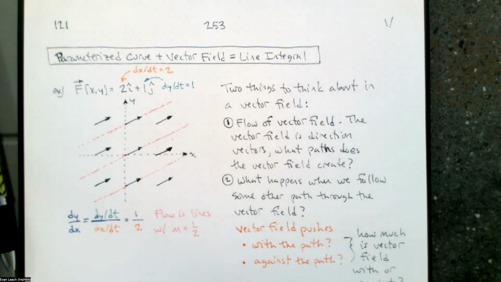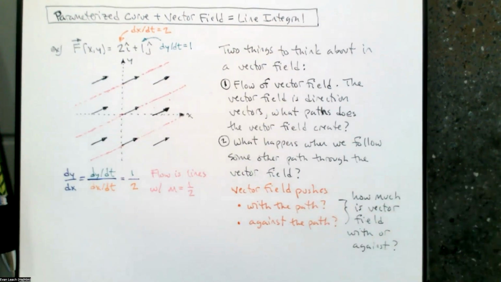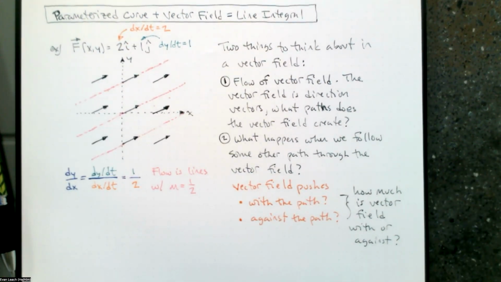How much is the vector field with or against our path? And in what directions is the vector field with or against the path?